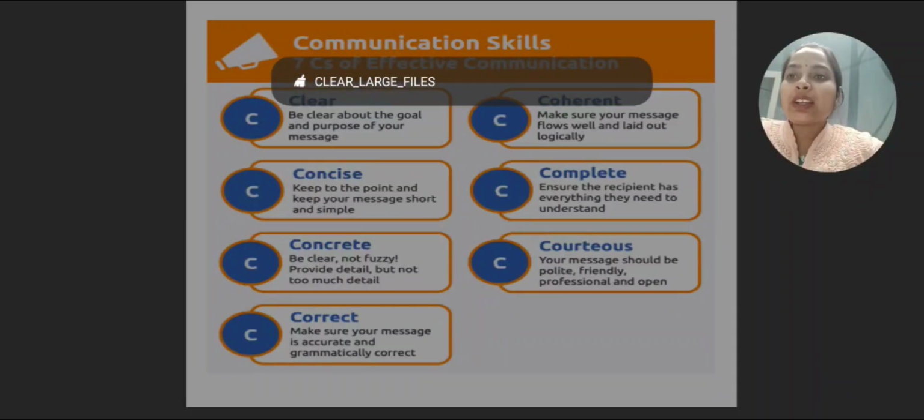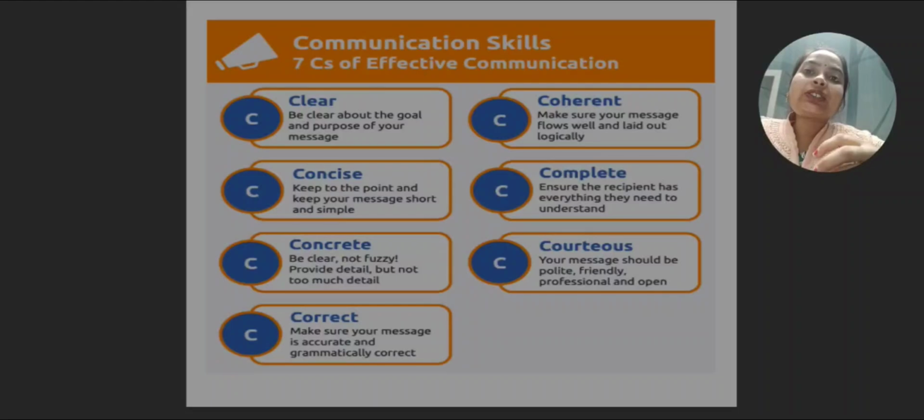We need to create appropriate detail, the right vocabulary in the message. We need to showcase all the things, but not be too lengthy. The next part is called correct. Your message should be very correct, with no grammatical mistakes and no repetition of words.